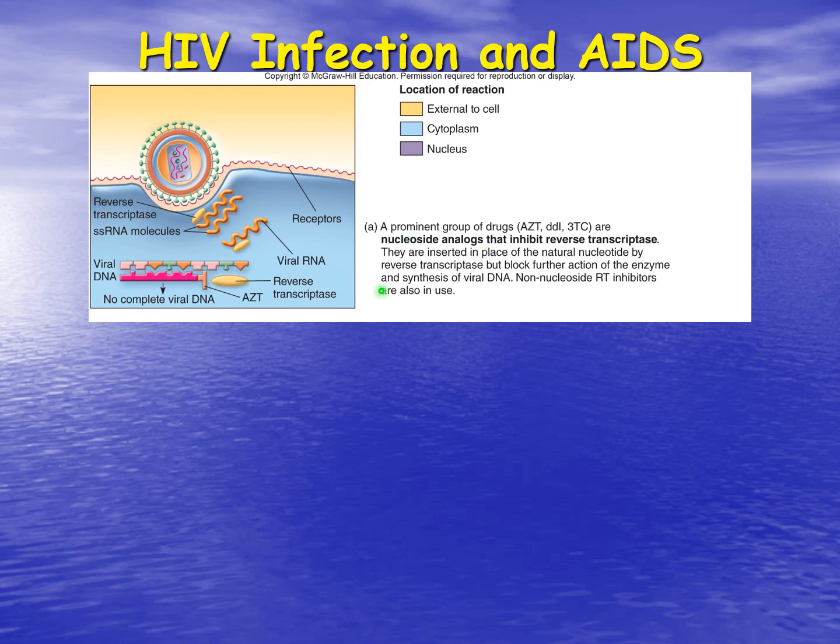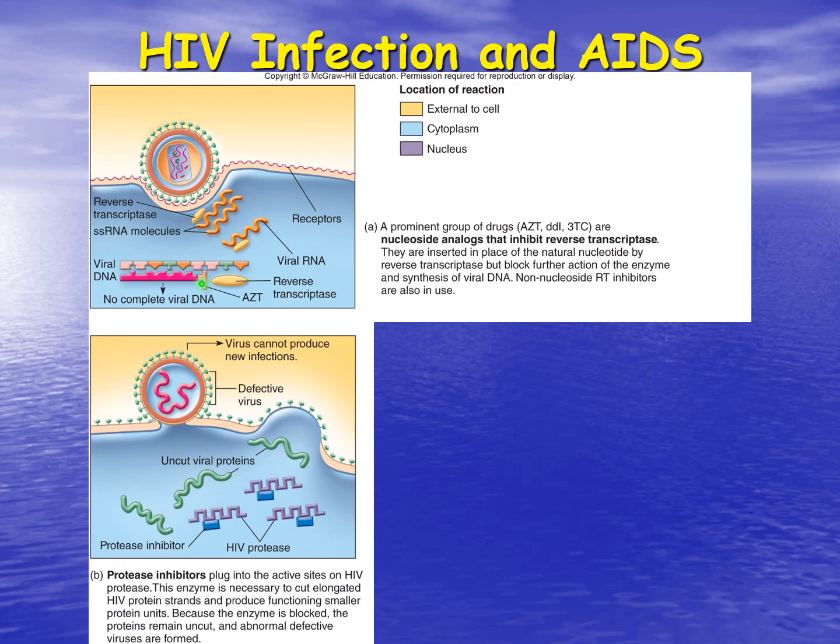They mimic the structure of the nucleic acids, and they will stop DNA synthesis from the viral RNA. Or we can use protease inhibitors that will stop the creation of proteins within those cells, and so this would include the making of viral proteins.